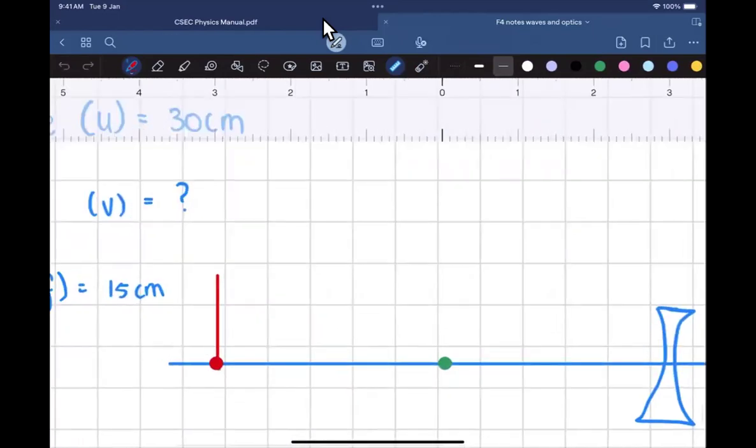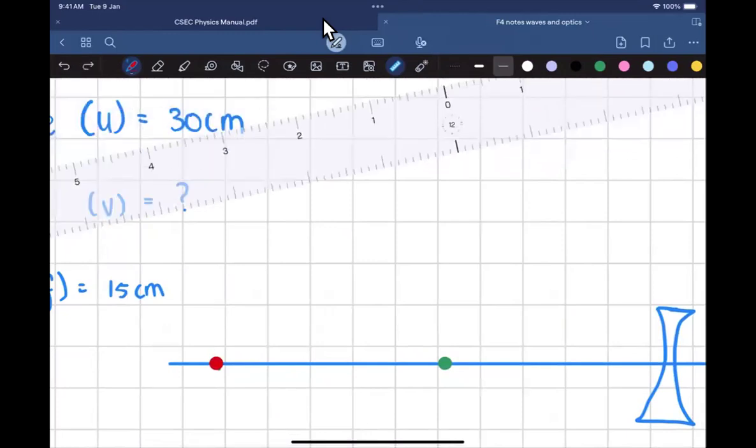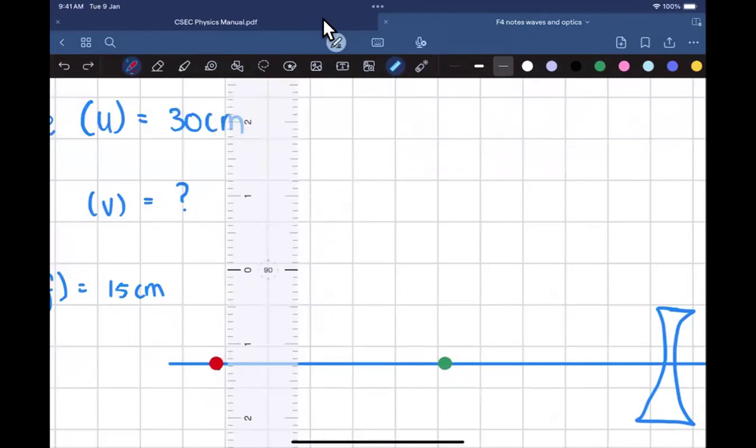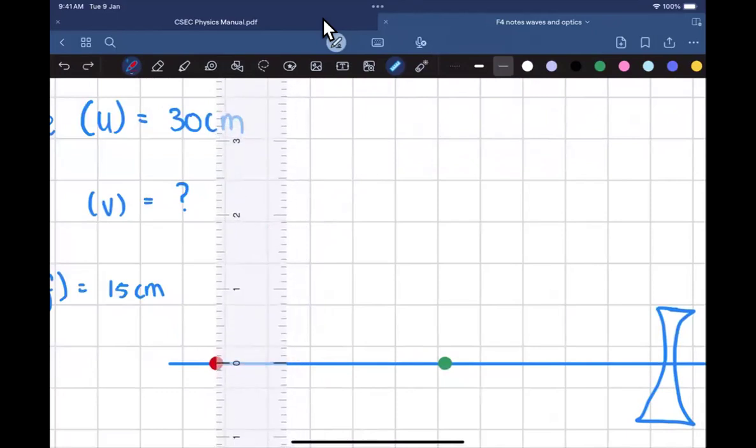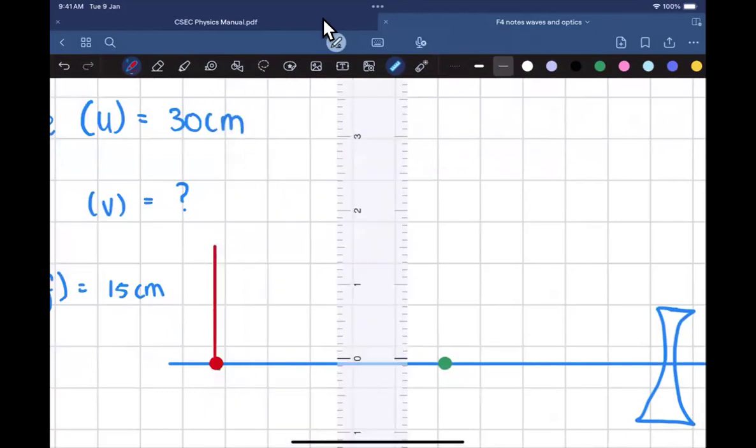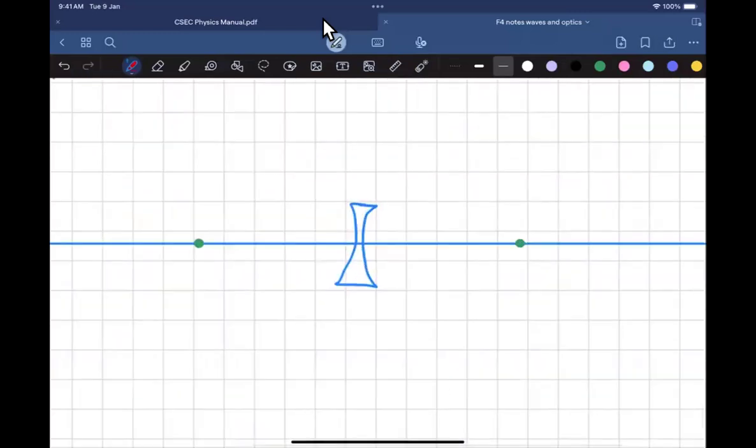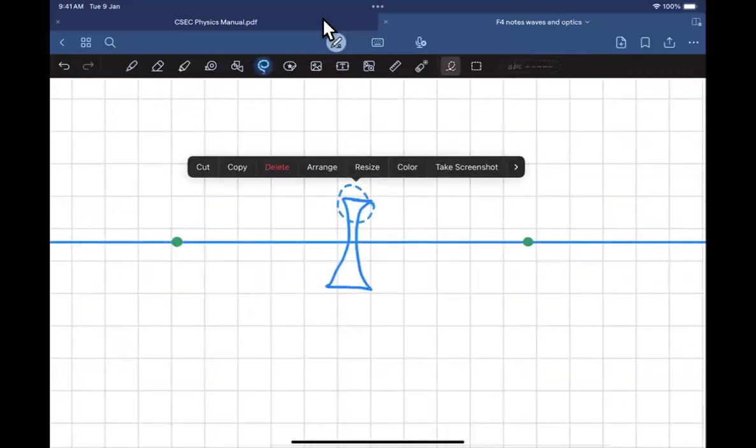What should the height of the object be? Let me say 1.5. Okay. I gotta make this lens bigger.